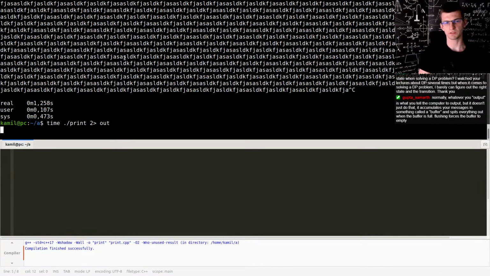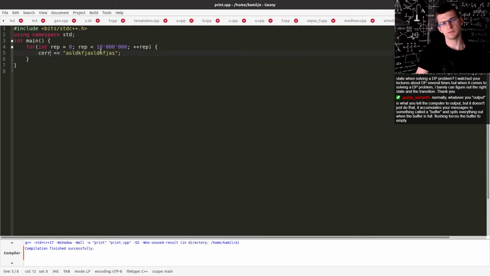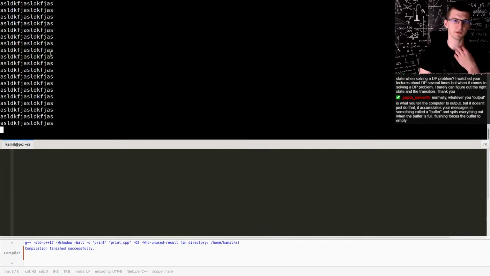Yeah. By the way, this redirects error output instead of standard output. 7 seconds, same thing. With CERR this is 10 times slower than with cout, just because CERR always flushes. But this should have the same speed with cout and CERR, because anyway we flush.